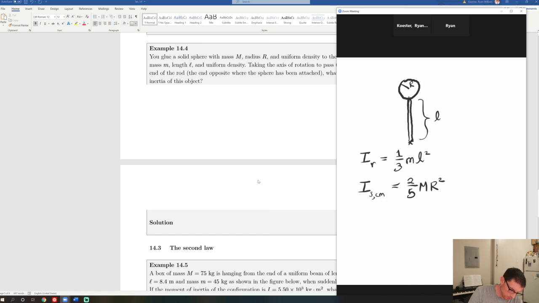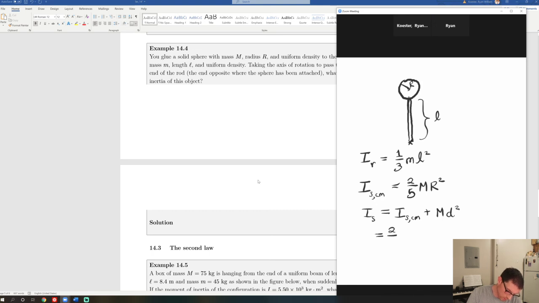I'm going to say the moment of inertia of the sphere for our present case is going to be given by the moment of inertia of the sphere about its center of mass plus the mass of the sphere times the perpendicular distance from the center of mass axis of the sphere to the new axis, right? And the center of mass axis would be like that. And again, that would point into or out of the screen. And so that is going to definitely be parallel to the axis we are concerned with here, the one we've drawn on the end of the rod, right? So we just fill this in.